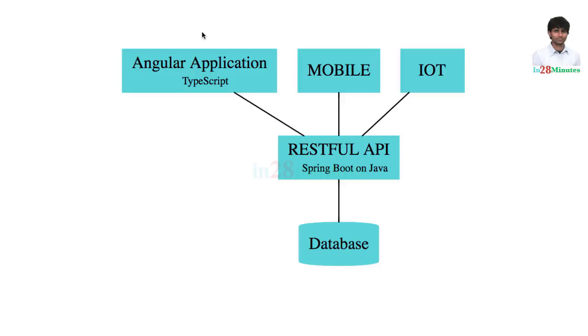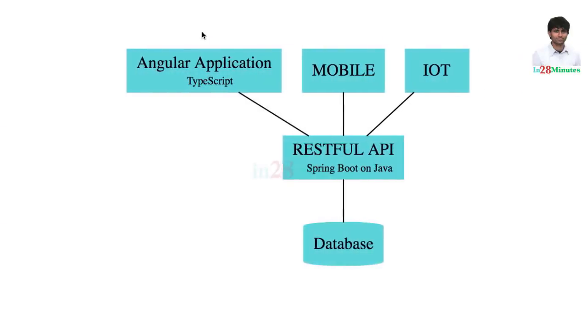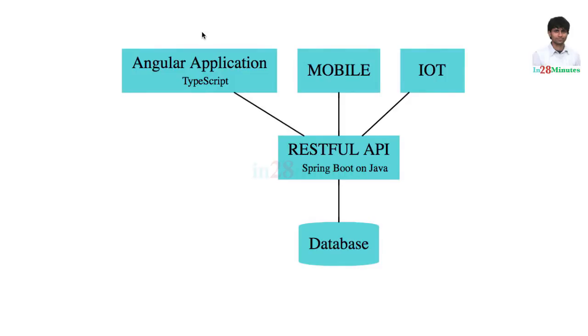In such kind of situations, you can completely reuse the backend API that is being exposed. The full stack application with a separate backend API or the RESTful API and a front end will give you more options to extend your architecture and create applications for different devices.